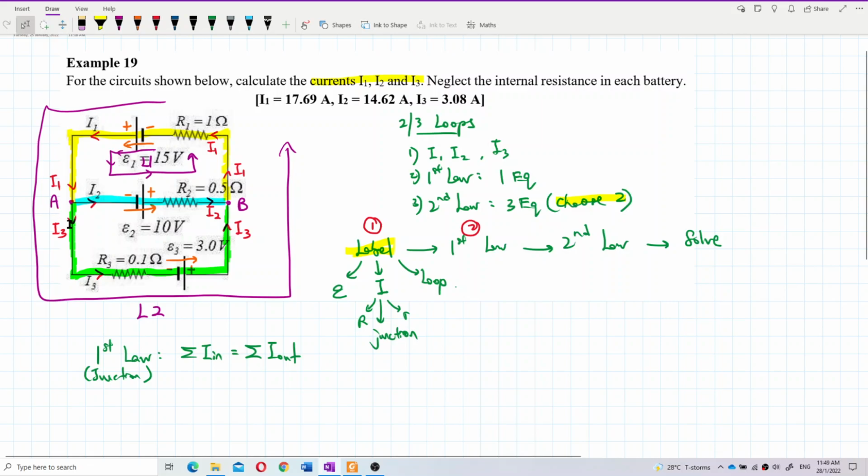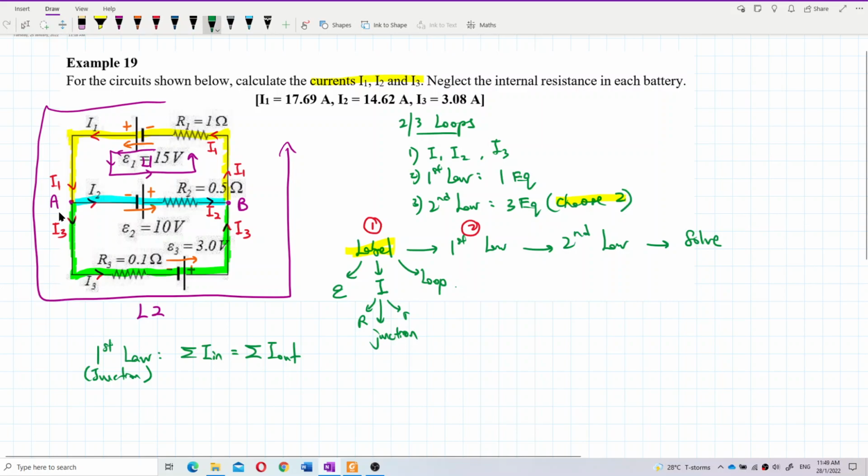I can choose junction A or junction B, and you will get the same equation. But first law only needs one equation, so one junction is enough. Right now I just choose junction A.